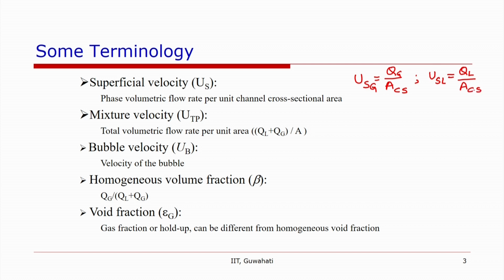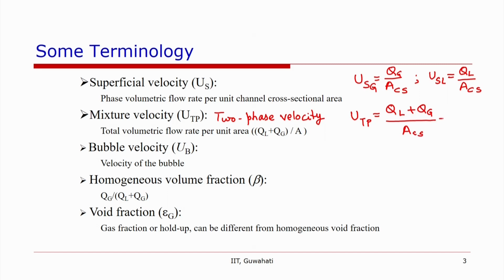Okay. Mixture velocity is also called two-phase velocity, and the term TP comes from two phase. So, UTP is defined as QL plus QG, the total flow rate divided by the channel cross sectional area.